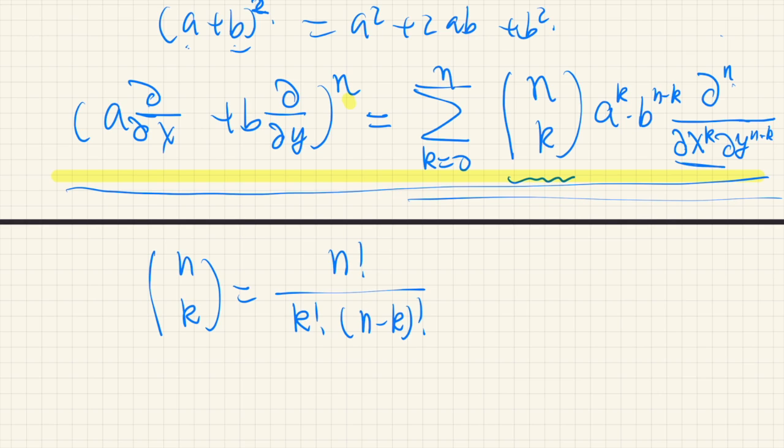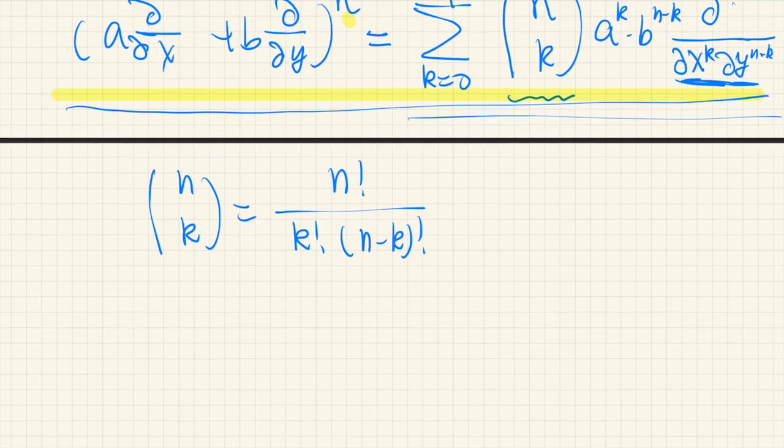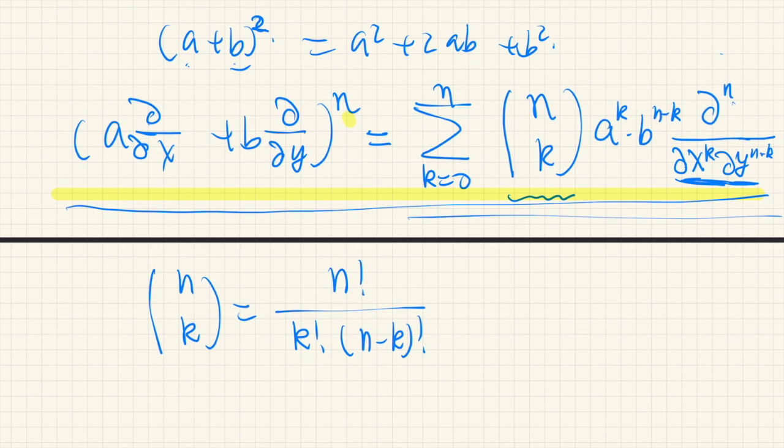Otherwise, we cannot swap the order of differentiation with respect to x or with respect to y, so this does not hold. Okay, so you should be careful when applying this relationship. Okay, that's it for this video, and we will see some application of this idea in the next video. There we will discuss a multivariate version of Taylor's theorem. See you later.